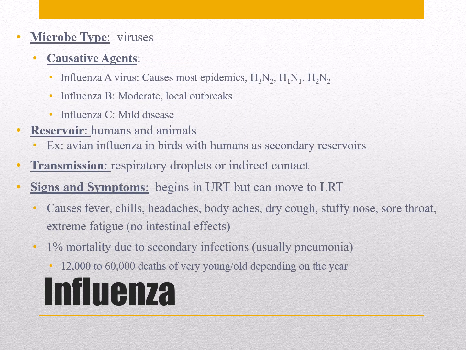I promised it, now here it is. Influenza. This is a virus. Now, something maybe you didn't know, or maybe you did, fantastic, love that for you, is there are 3 kinds of categories of the causative agents of the flu. We have influenza A, influenza B, and influenza C. And in that descending order, we do have more severe to less severe.